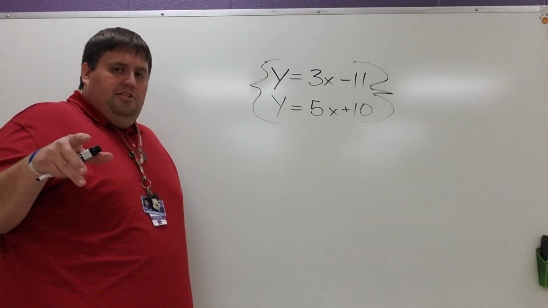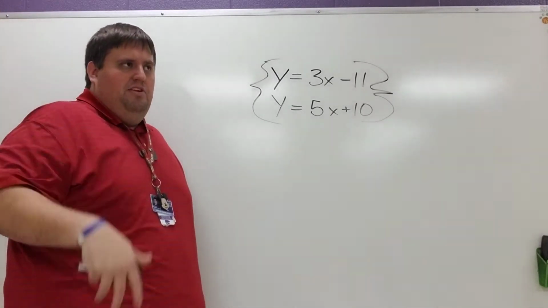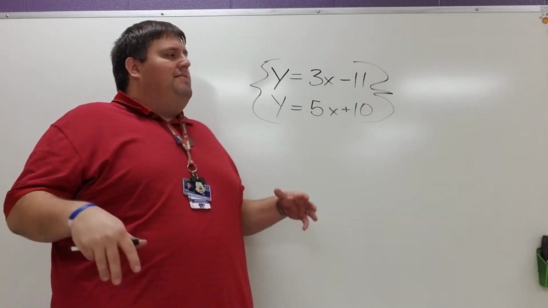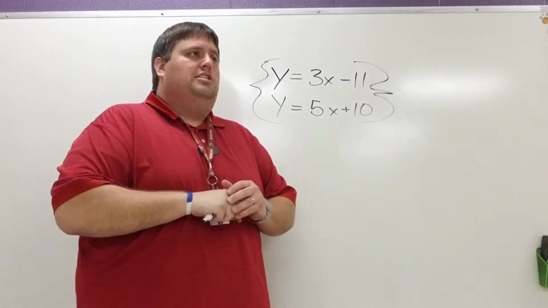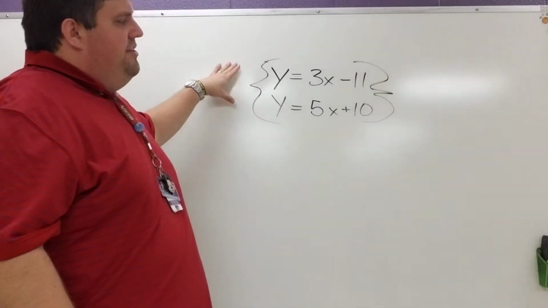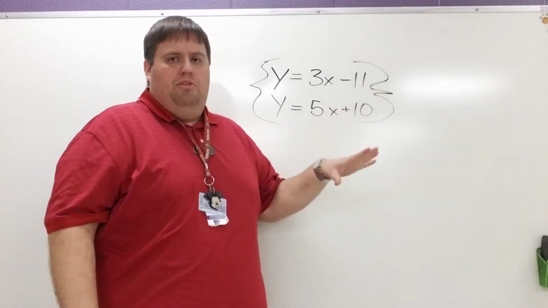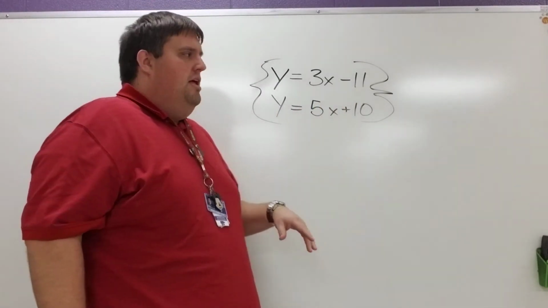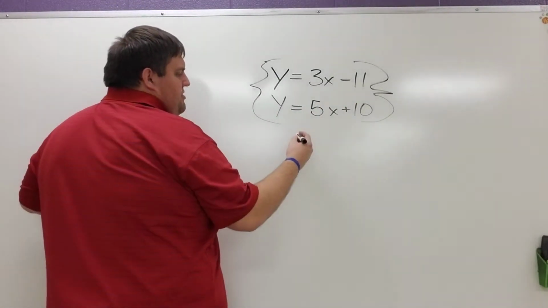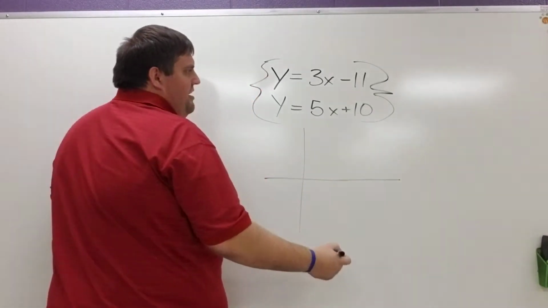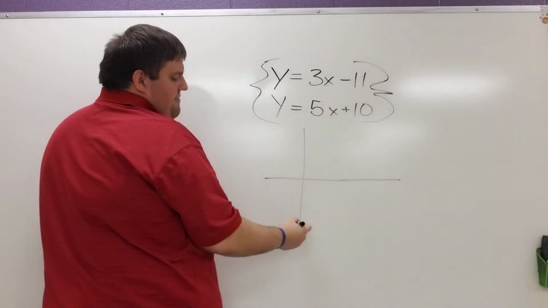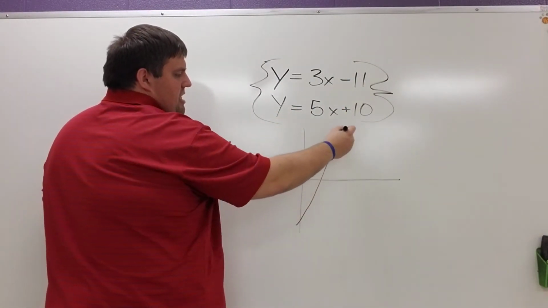The first thing I want to talk about today is we have some different situations that could happen here. Because if we're thinking about two lines, there's really three things that can happen. I could have those two lines. This is just going to be a rough sketch here. But this one starts at negative 11 and goes up 3.